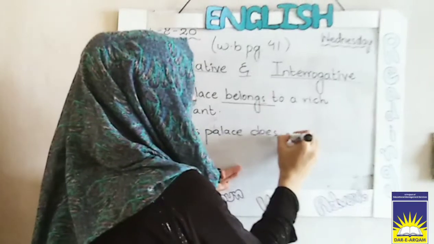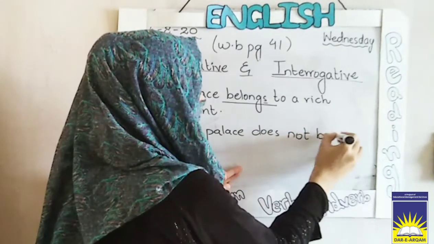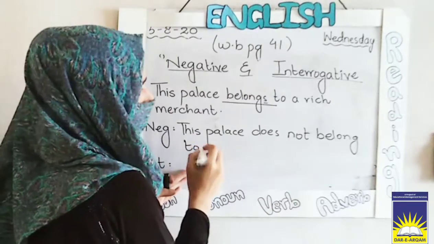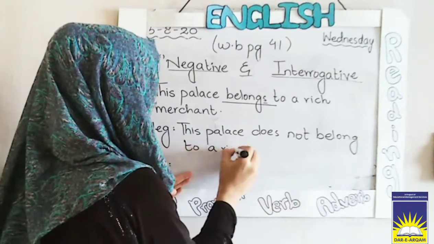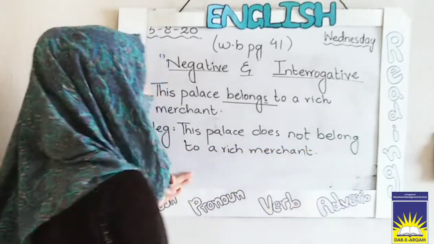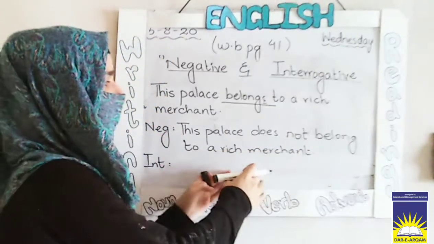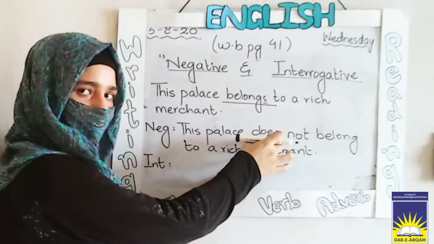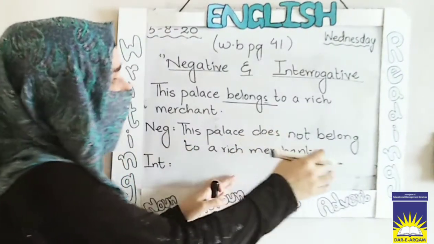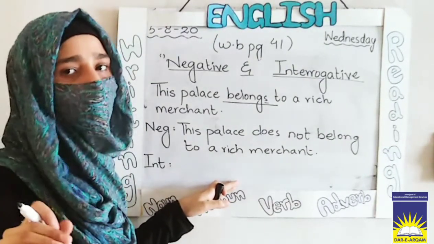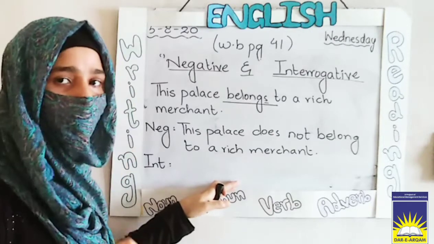This palace does not belong to a rich merchant. Full stop. See here that when I convert it into a negative and put the helping verb in, I remove the "s" from the form of the verb. So remember these rules while you are converting.